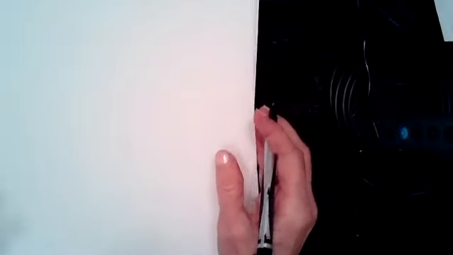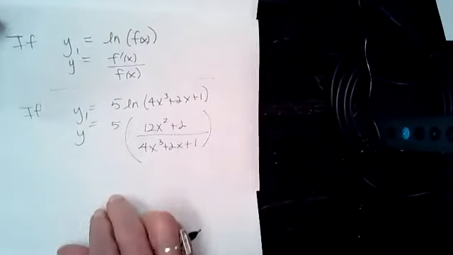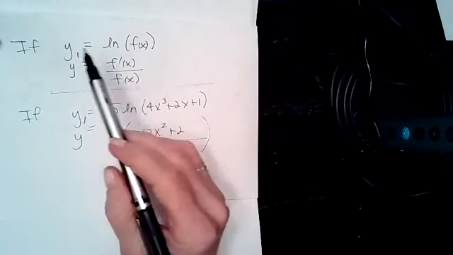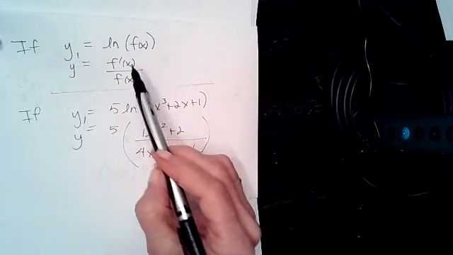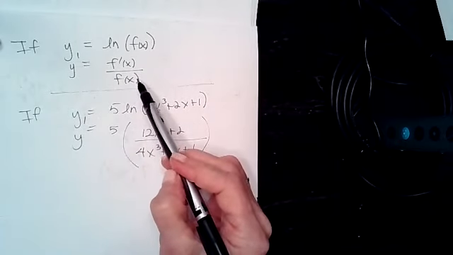Okay, LNs. Remember we talked about LNs. And we said that if y is equal to the ln of a function, then the derivative is the derivative of the function over the function.